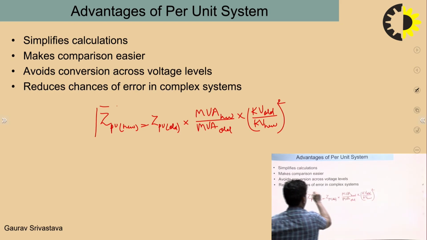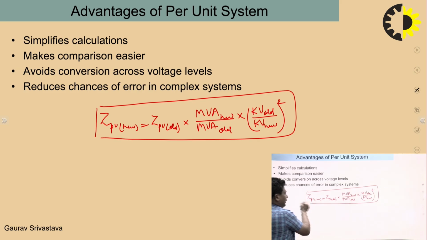So that is the per unit value of the new system if the per unit value of the old system is given.